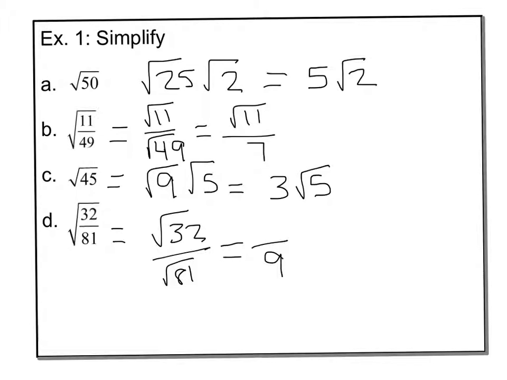It is divisible by other perfect squares. What one perfect square goes into 32? Did you guess the square root of 16 times the square root of 2? Those are the two I would have guessed. The square root of 16 is a perfect square, which becomes a 4, and the square root of 2 stays the same. And my denominator is still the 9 from previously.